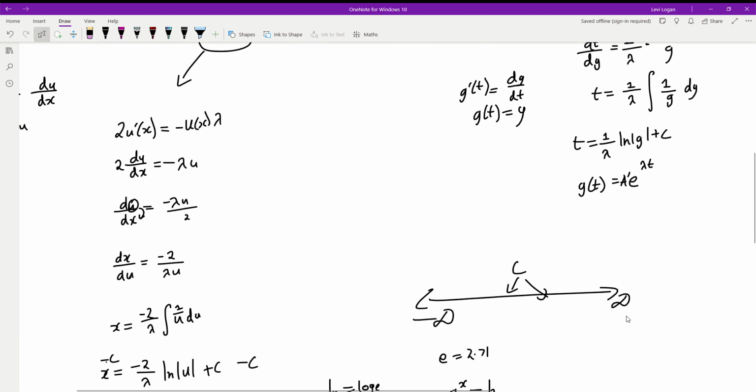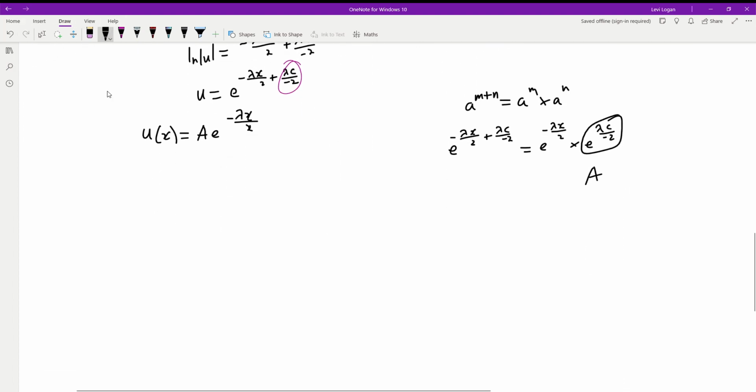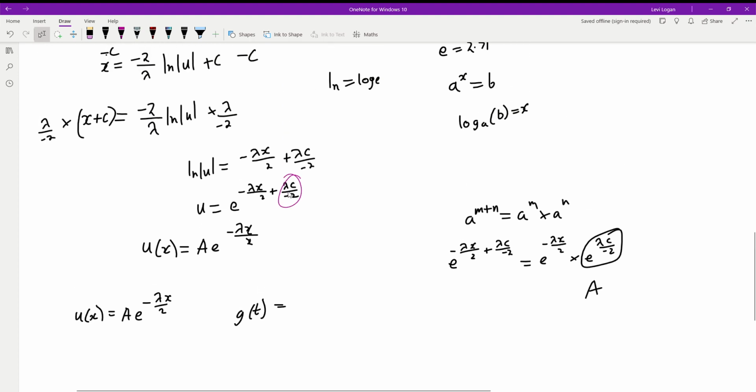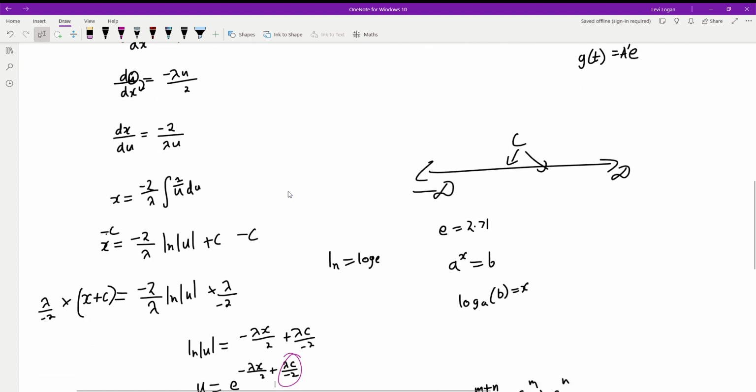Now we have our two functions. We have u of x is equal to some constant a, e to the negative lambda x over 2. And we have g of t is equal to a prime e to the lambda t.